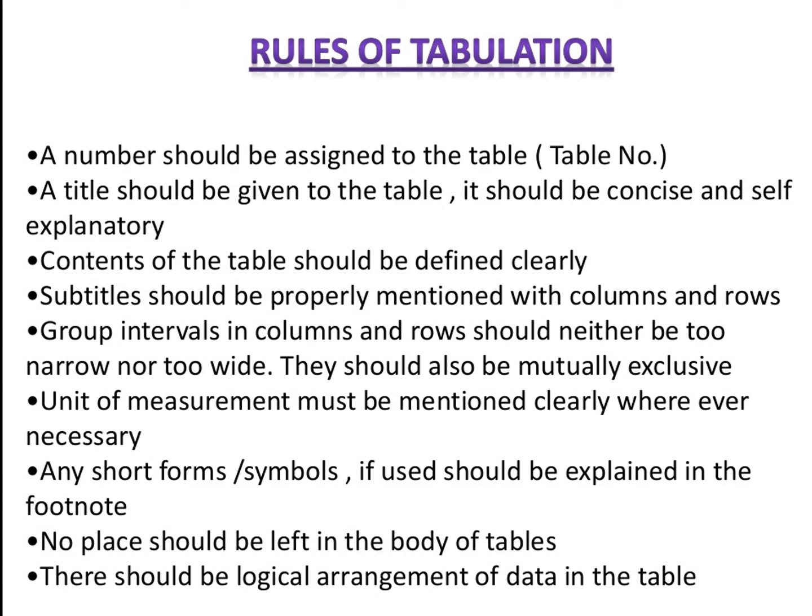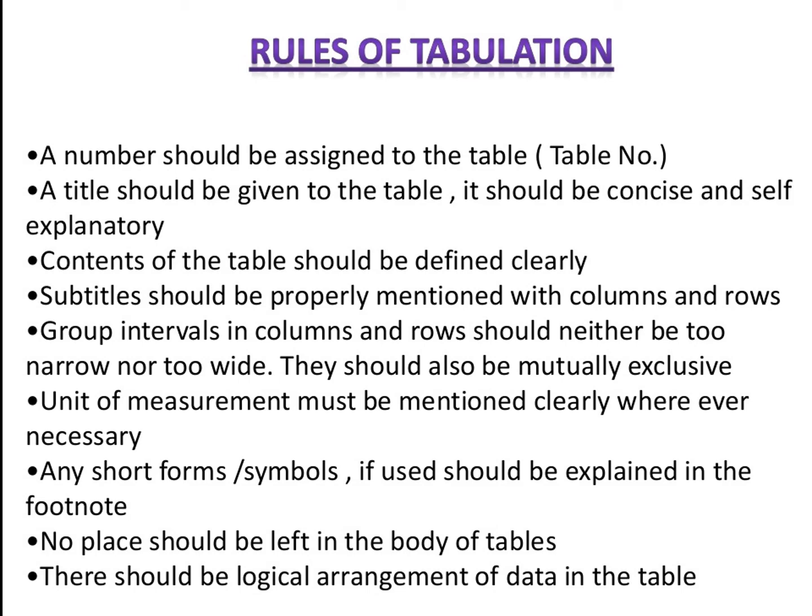Unit of measurement must be mentioned clearly wherever necessary. If the table is about calories, you need to mention calories as the unit of measurement. If it is a number of people, you should mention the standard unit as number. Any short form or symbols, if used, should be explained in the footnote. What is a footnote?